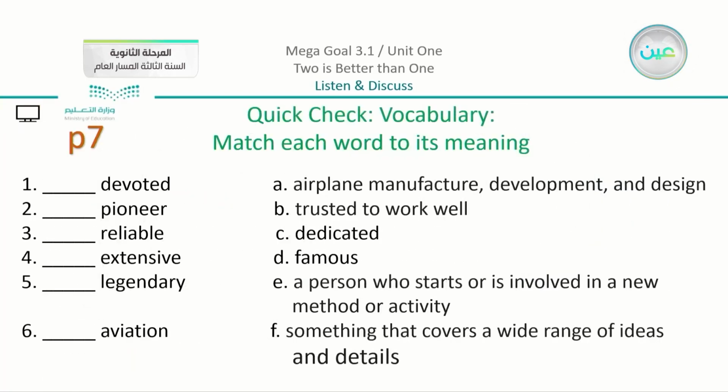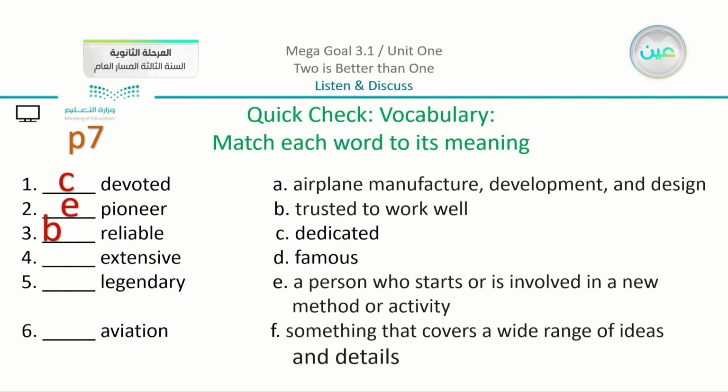And we have the words. The first one, devoted. What did you guess? We have here the word devoted, which means C, dedicated. Pioneer, E, a person who starts or is involved in a new method or activity. Reliable, which means B, trusted to work well.